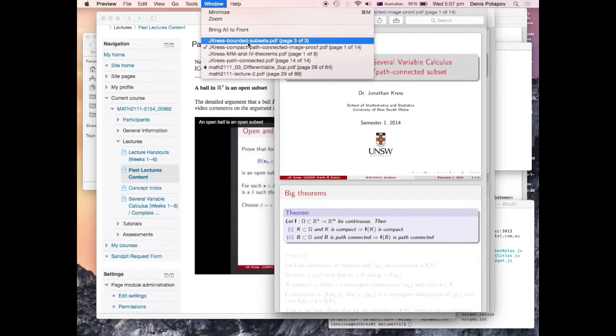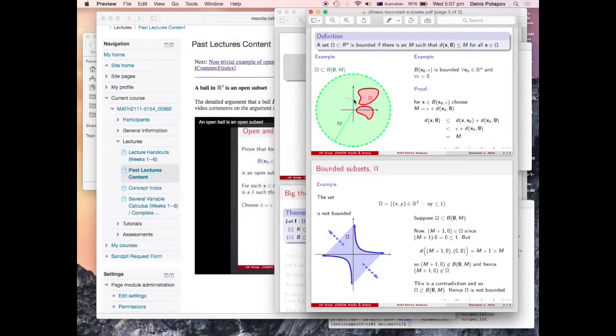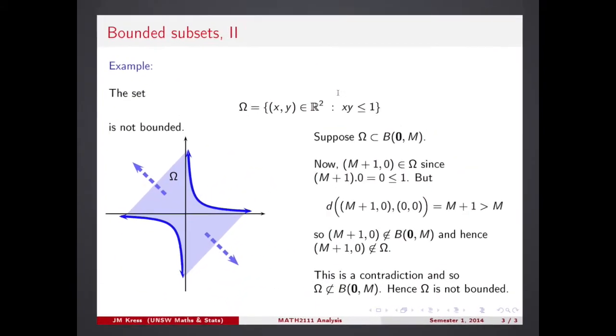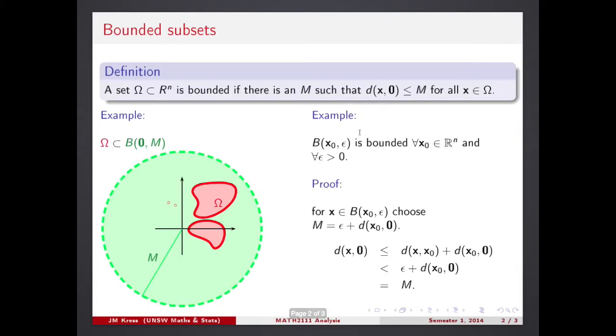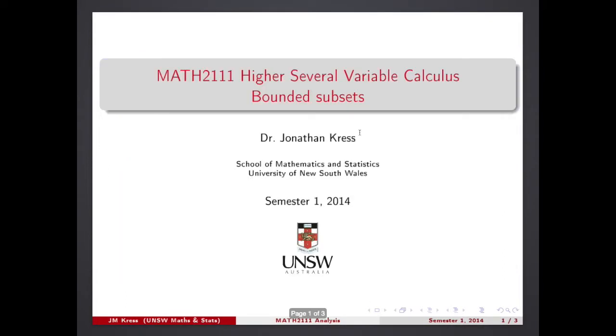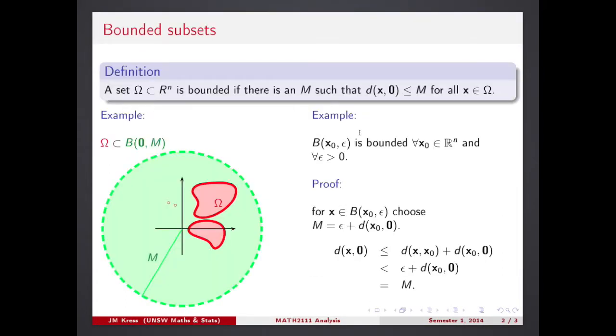So, yeah. That's how we normally define bounded subsets. That's the definition of it. So a bounded subset is one which you can submerge into a ball centered at the origin. It's said right here in the definition.